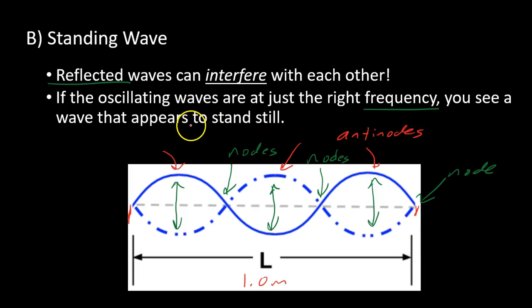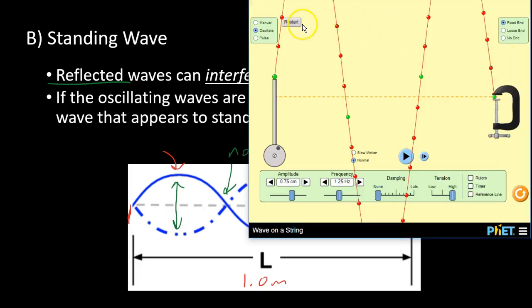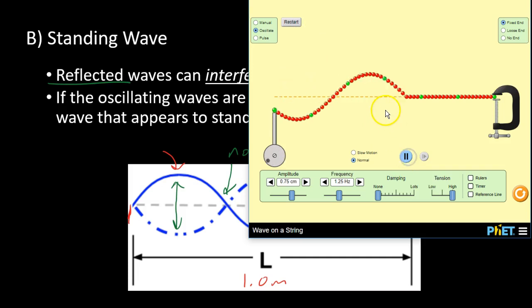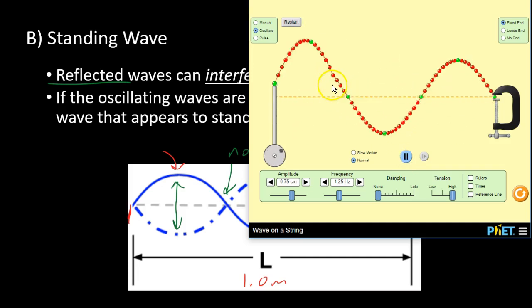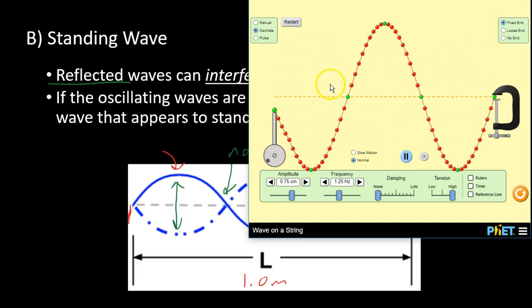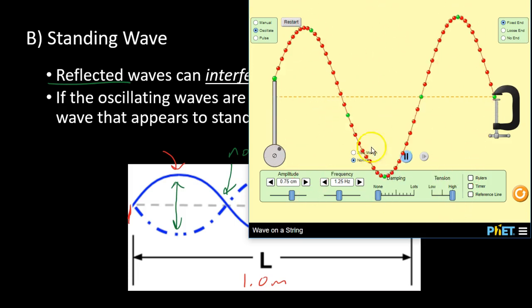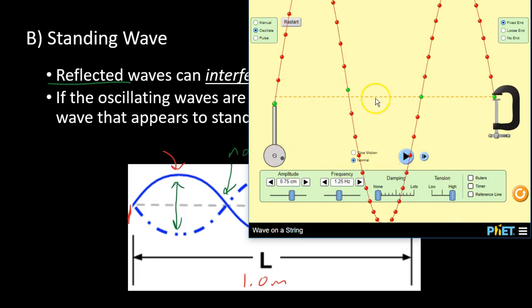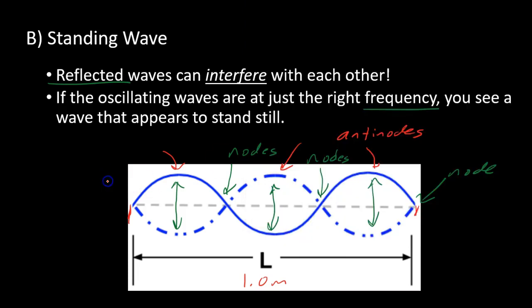The next thing that's worth noting is understanding how to count wavelengths, because standing waves are really nice. If you make a standing wave, it's very easy to measure things like the amplitude because it's not moving. It's not a hot mess. It's also pretty easy to tell what a full wavelength is, because remember, a wavelength is one spot to the next repeating spot. I'm going to sketch out one wavelength.